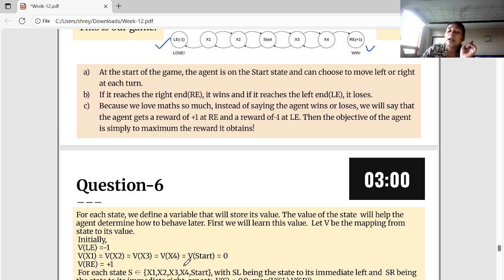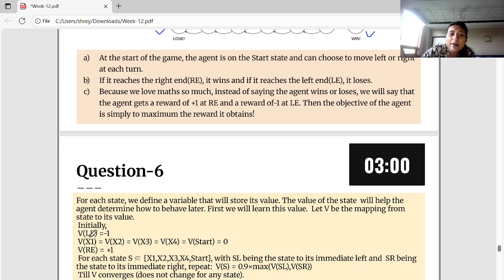It means each state will have a value variable, and that value of the state will help you to move either left or right. So first we will learn how to define this value variable. Let V be the mapping from state to its value. So what is the value? The value of LE is -1, the value of RE is +1, and the other state's value is 0. And how will you move?